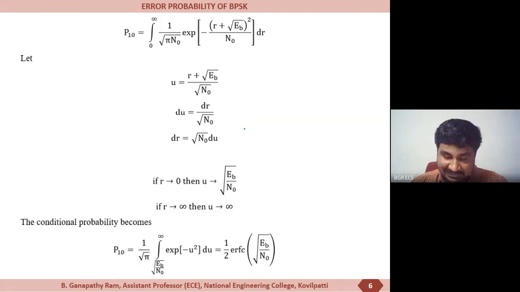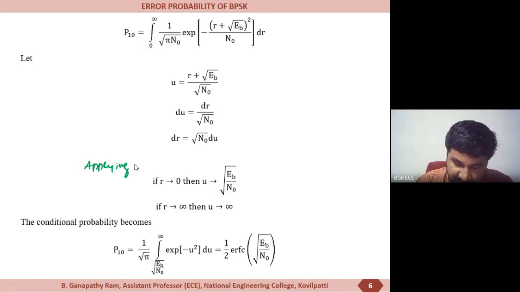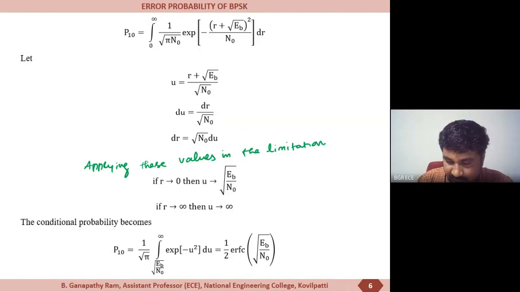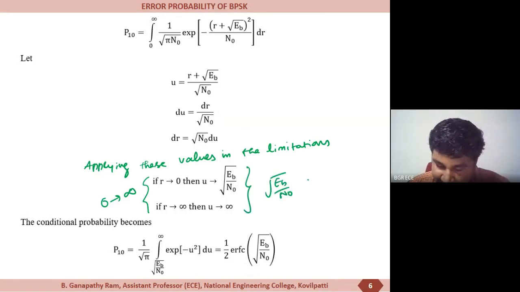Applying these values in the limitations, the limit 0 to infinity is changed from square root of EB by N0 to infinity.